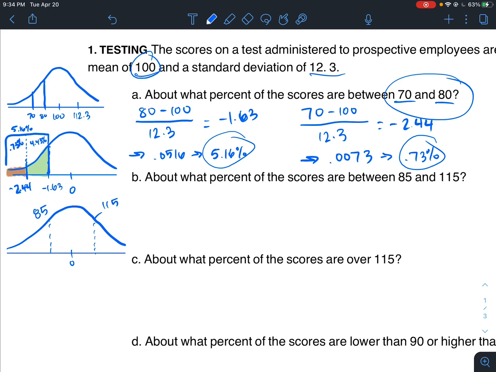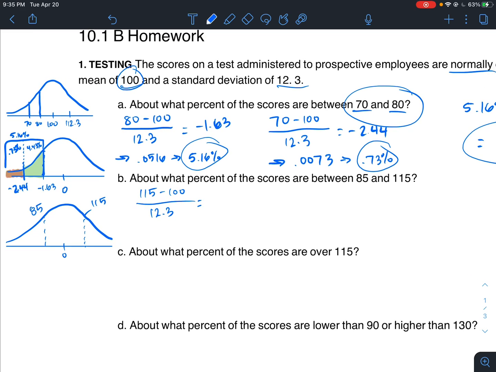Now you need to find the z-scores for both of these. For 115, you're going to do 115, subtract the mean, divided by the standard deviation. Then you're going to do the same thing for 85: take 85, subtract the mean, divided by the standard deviation.